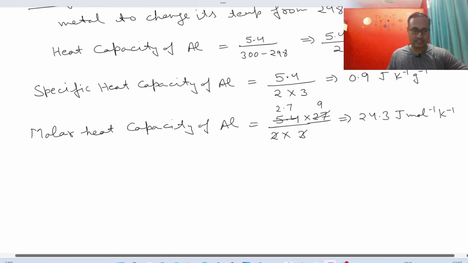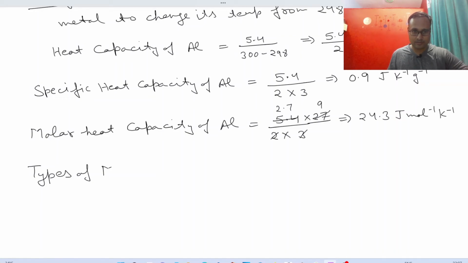So let me write down the types of molar heat capacity. They are of two types.